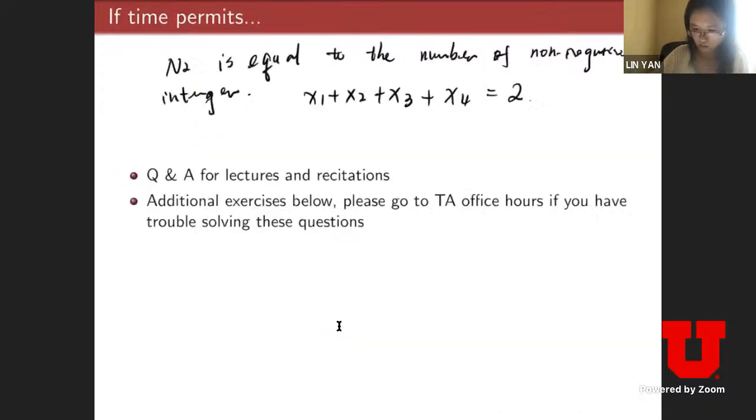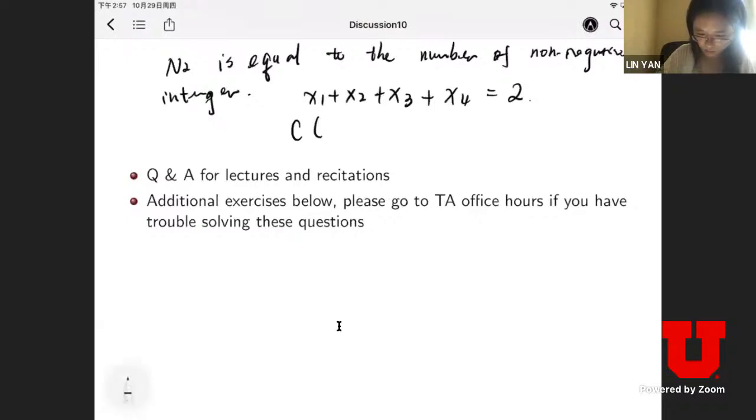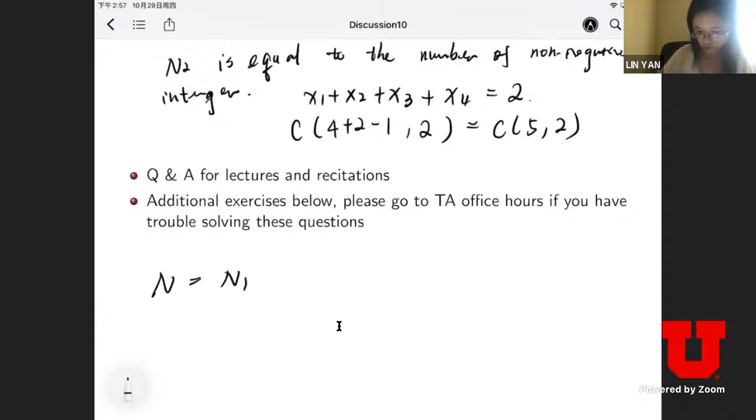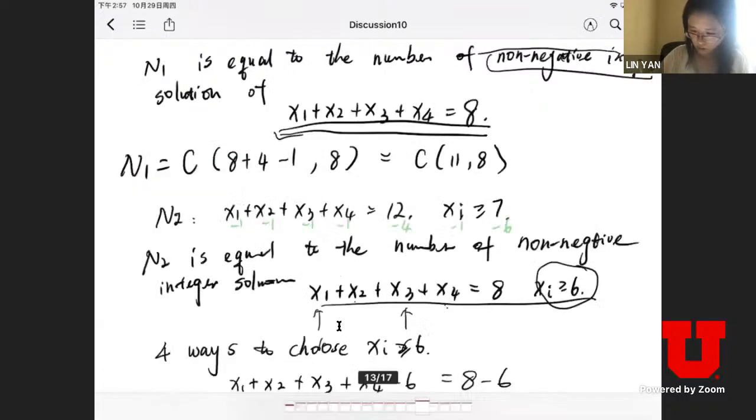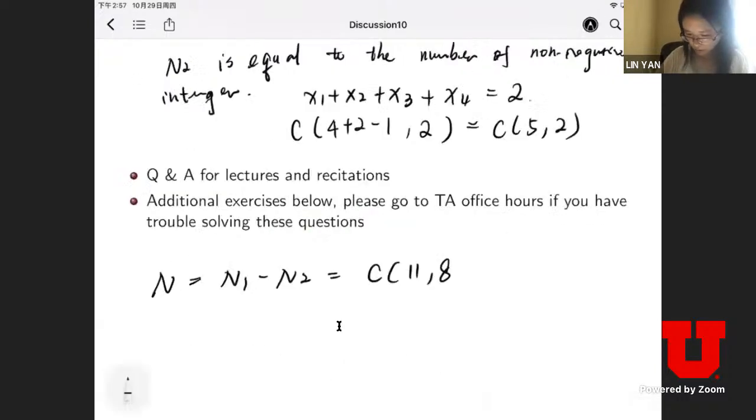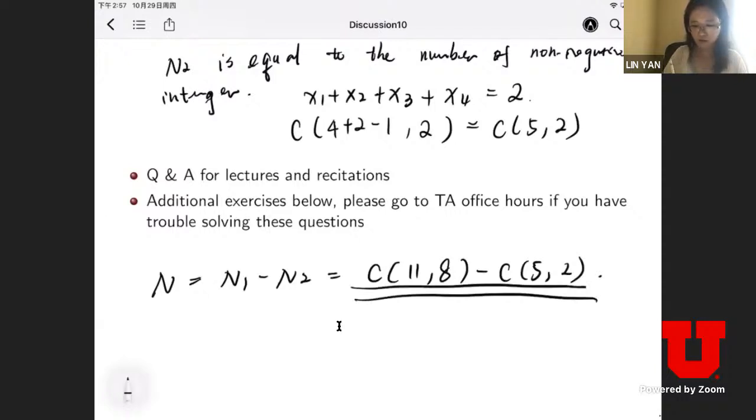And then it is C(4 plus 2 minus 1, 2), which is equal to 5 choose 2. So the final answer n is n1 minus n2, which is equal to 11 choose 8 minus 5 choose 2. So this is the final answer.